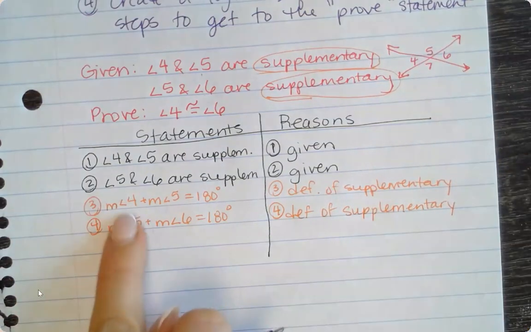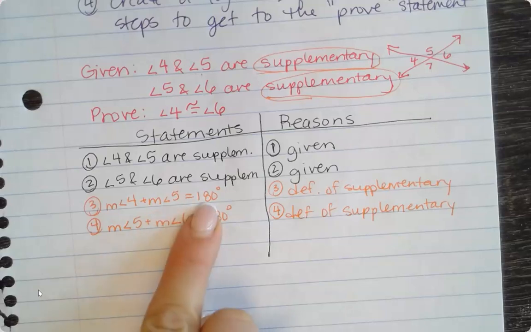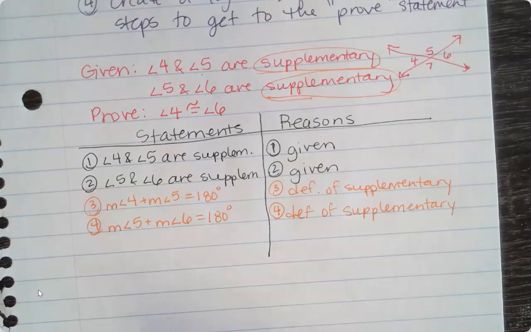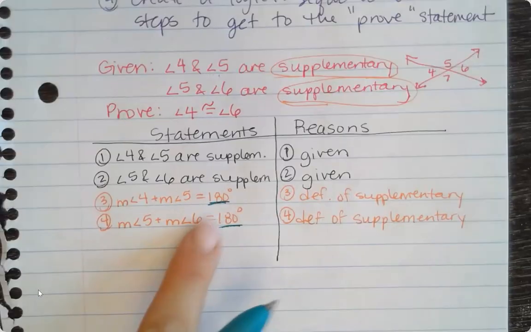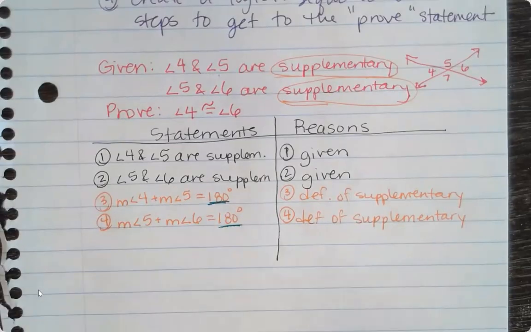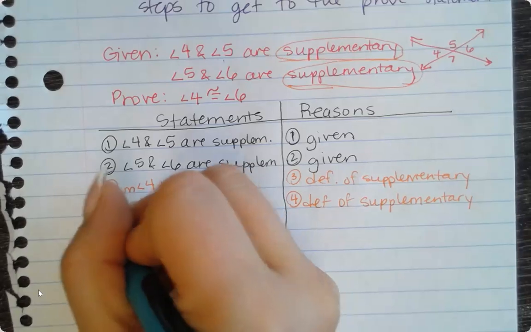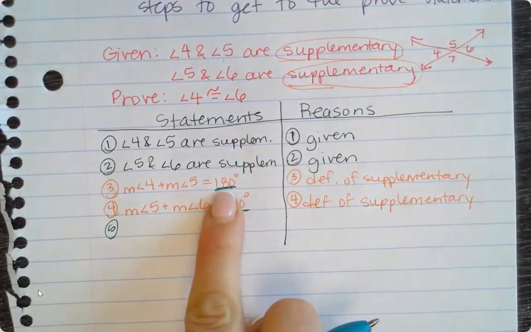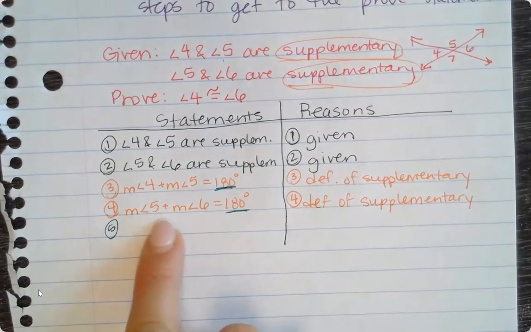Okay, so now I have the measure of angle 4 and the measure of angle 5 gives me 180, but also the measure of angle 5 and the measure of angle 6 gives me 180. Now, when I see that two things are equal to the same thing, I'm going to either substitute in this for that, or I could use, let's use substitution. So I'm going to replace this 180 with this here.